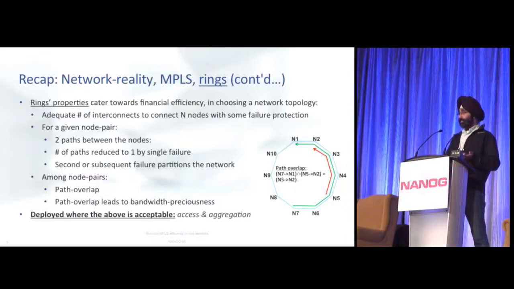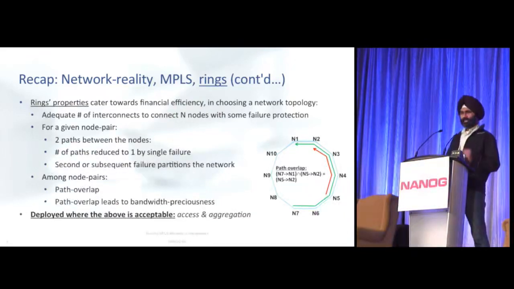So that comes at a cost. The cost is that you just have 2 paths between any 2 nodes. And if there were to be one failure somewhere in the ring, you just have one path between any two nodes. So that is distinct from a very meshy core network where you'd have a multitude of paths between any two nodes.